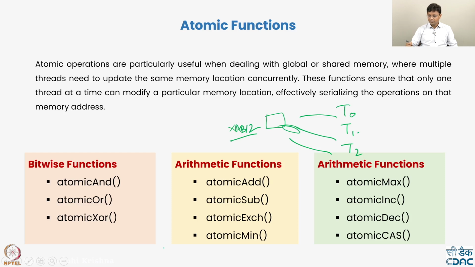So rather than accessing this location concurrently, the threads access it in a time-division manner. That is the serialization effect: in one clock cycle thread T0 accesses, in the next clock cycle thread 1 accesses, and in the next thread 2 accesses. This serialization avoids the race condition when we use the atomic function.